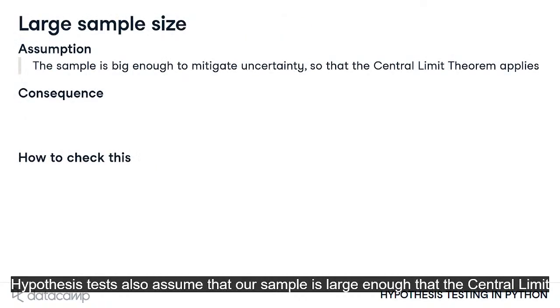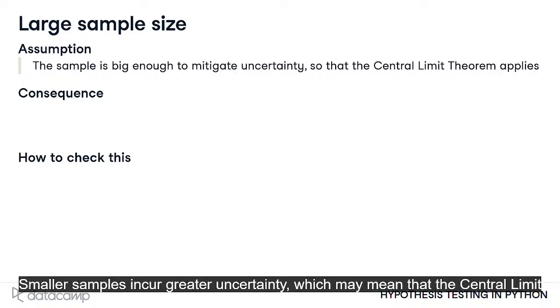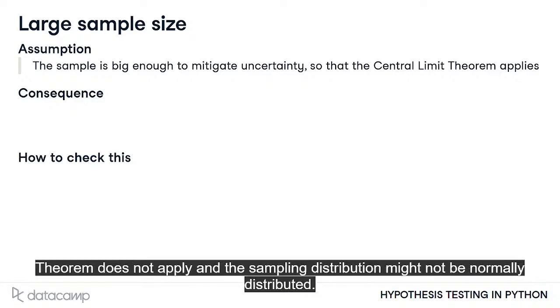Hypothesis tests also assume that our sample is large enough that the central limit theorem applies, and the sample distribution can be assumed to be normally distributed. Smaller samples incur greater uncertainty, which may mean that the central limit theorem does not apply, and the sampling distribution might not be normally distributed.